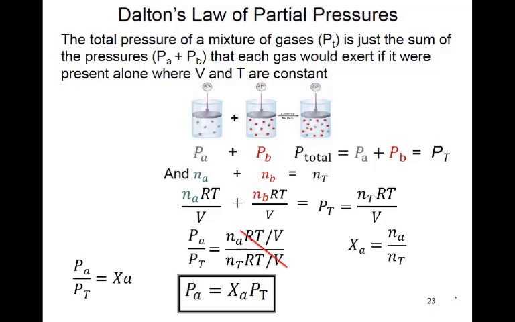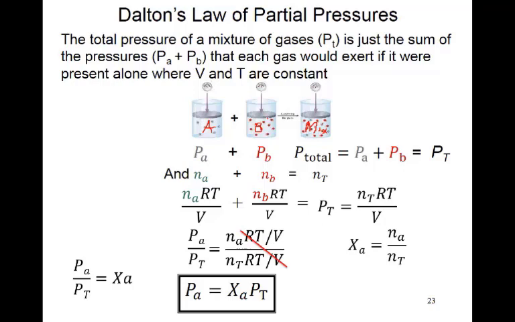Dalton's law of partial pressure. This law is about the mixture of gases. Suppose we have gas A and gas B. This is the gas A, for example, and this is the gas B, and then when we combine it becomes a mixture of gases.